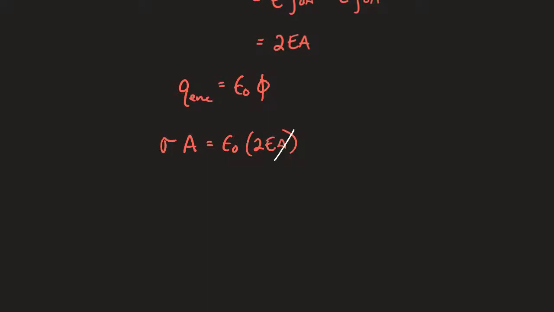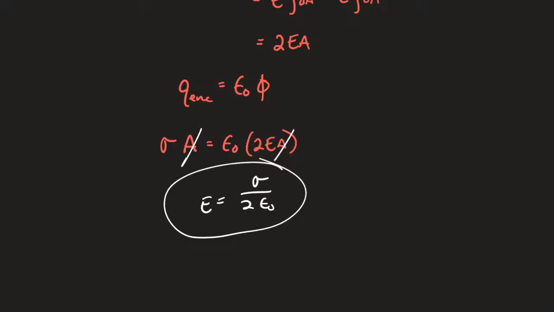The A's cancel. And the electric field is a constant. This is why we study the sheet. The electric field on either side of the sheet is a constant everywhere in space.